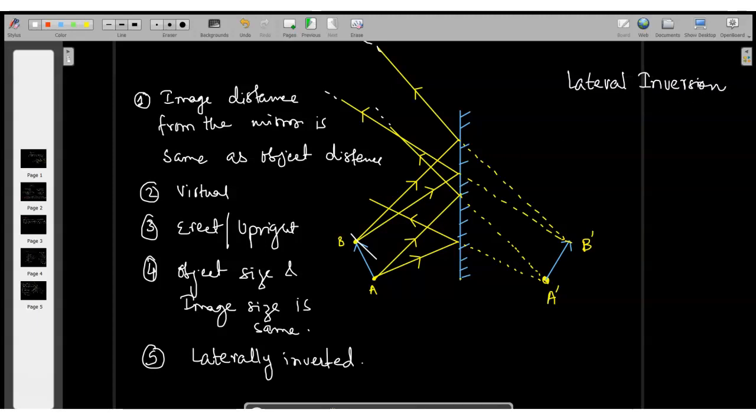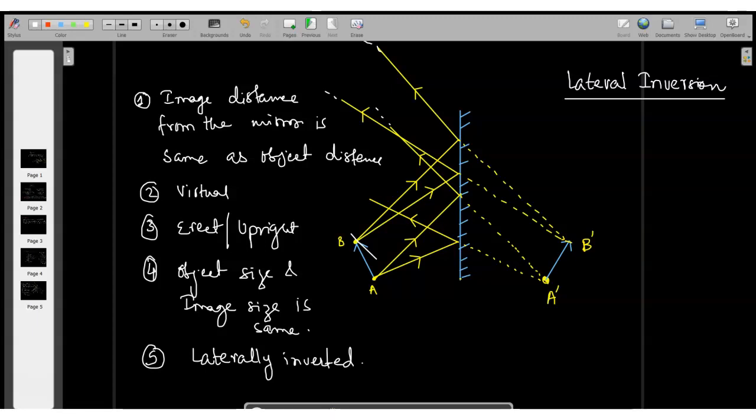Lateral inversion means that your left side will appear right and your right side will appear left in the image of the mirror. When you stand in front of the mirror, just try raising your right hand. In the mirror, you will see that the image is raising the left hand.